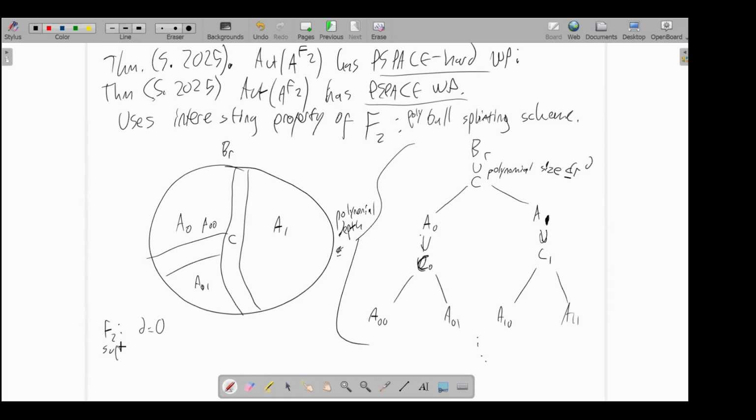And for surface groups, you also have this, for D equal 1, because there you have these geodesics, and geodesics can split the ball in half and then keep splitting it in half more and more.